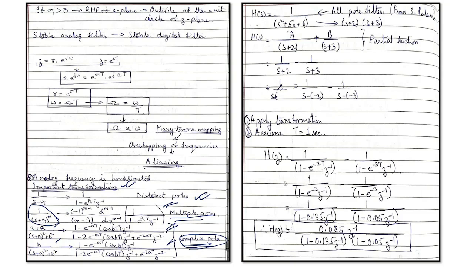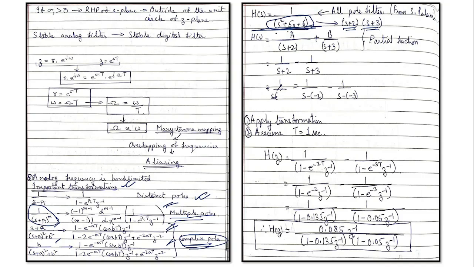So herein we are given a transfer function Hs, which is given by 1 by s square plus 5s plus 6. Okay. All pole filter. So if you see, this is an all pole filter. Now if you want to break down the denominator, we can break it down as (s plus 2) and (s plus 3).